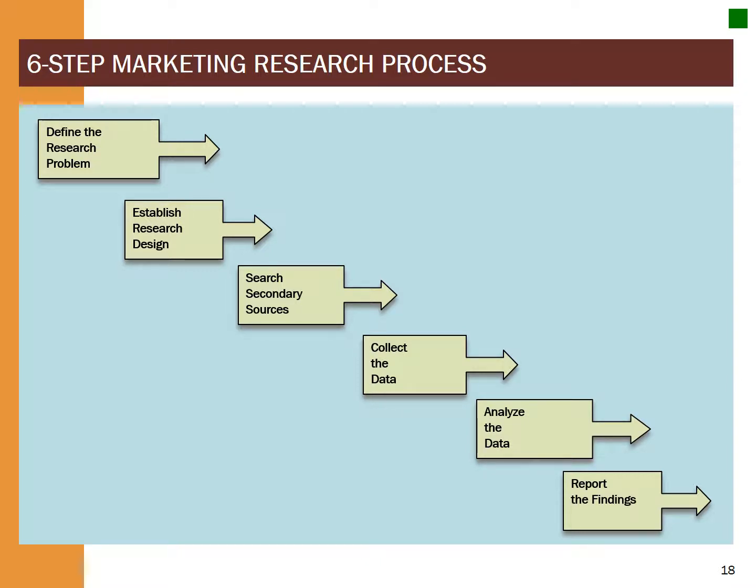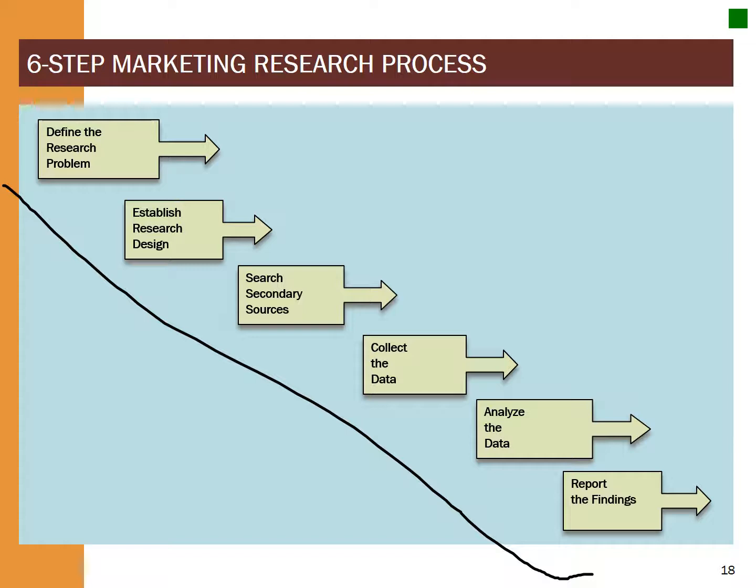The 6-step process begins with defining the research problem, then extends into developing a research design, followed by doing an exploratory form of research with secondary data. Then the data collection, if it's a primary data source that you're going to be using, then analyzing the data, and then the findings and the reporting. So these 6 steps go in order.